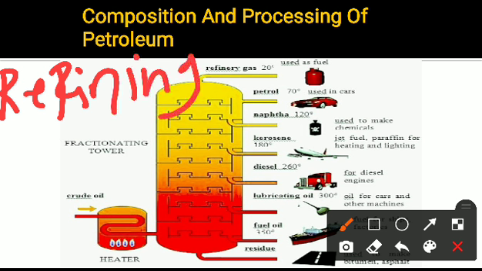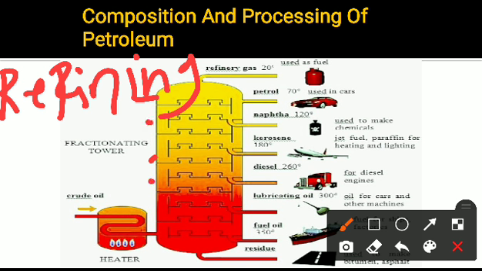Then what is the refining of petroleum? The process by which petroleum is separated into different fractions having different boiling points is called refining of petroleum.